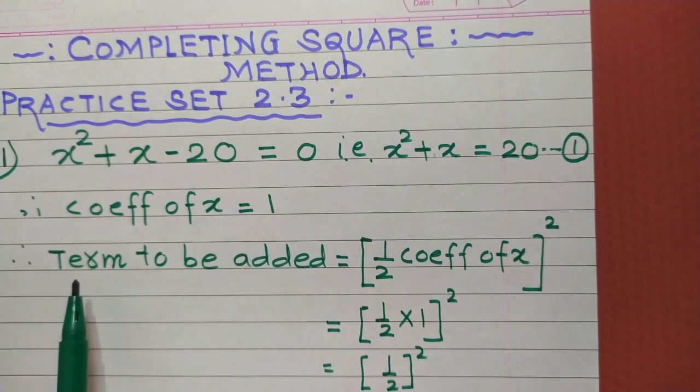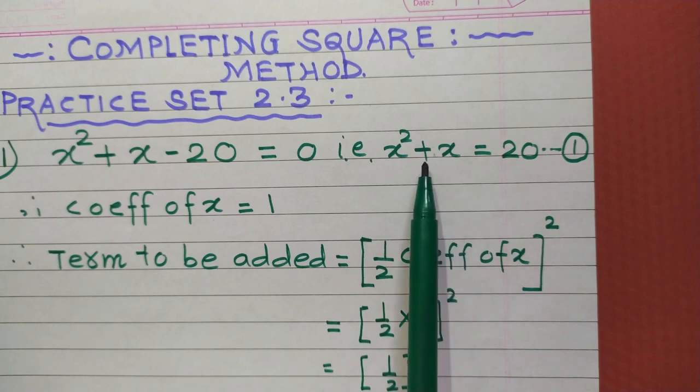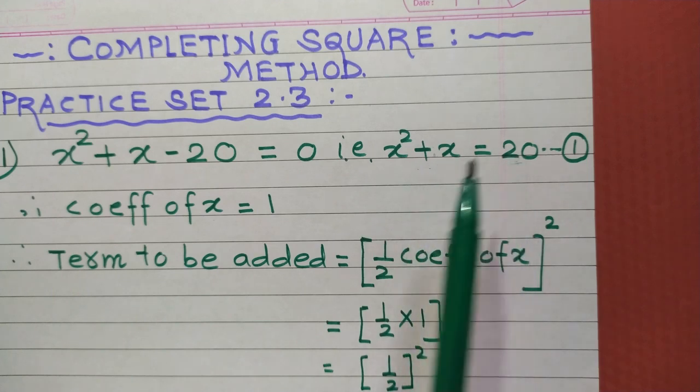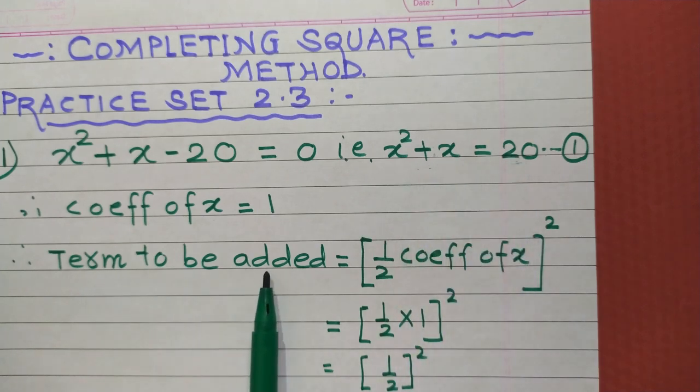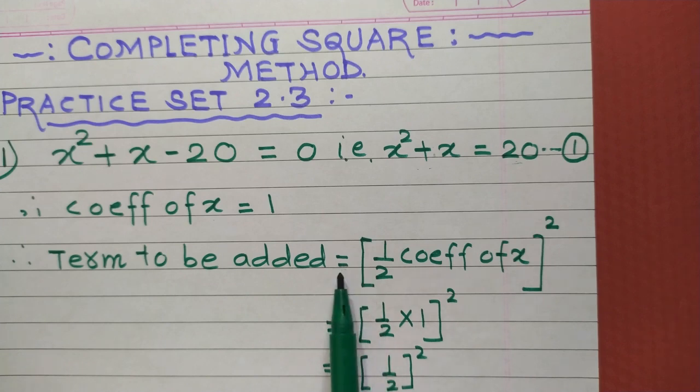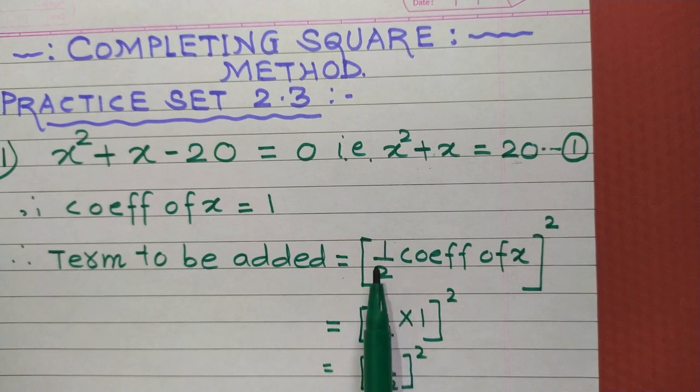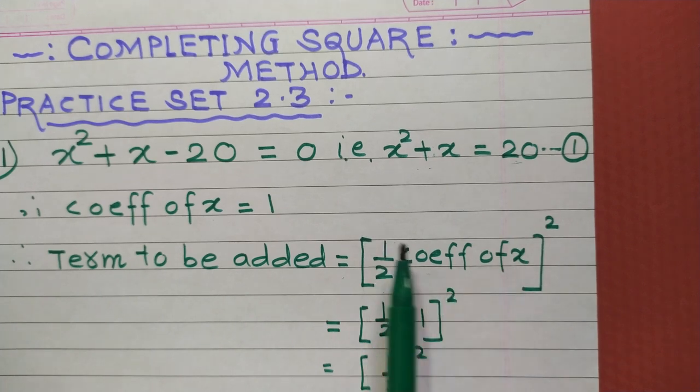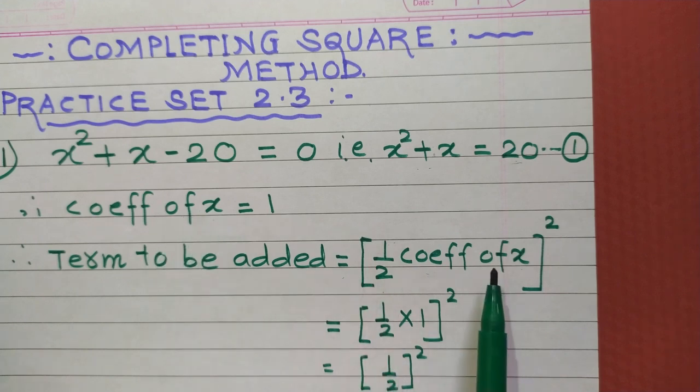Therefore, the term which is to be added to both sides of equation 1 is given by this formula: half of the coefficient of x, whole square. So we have to take half of what?